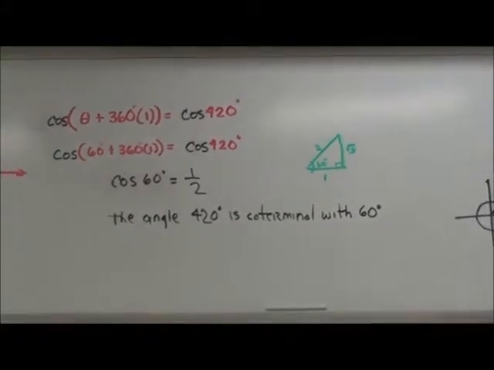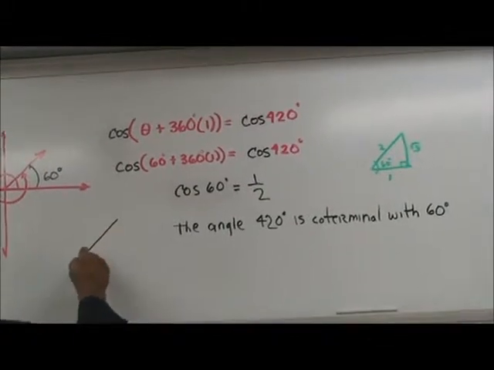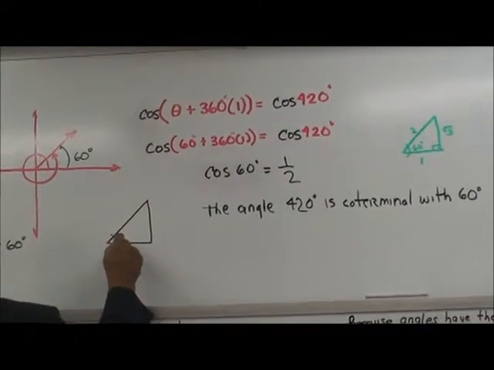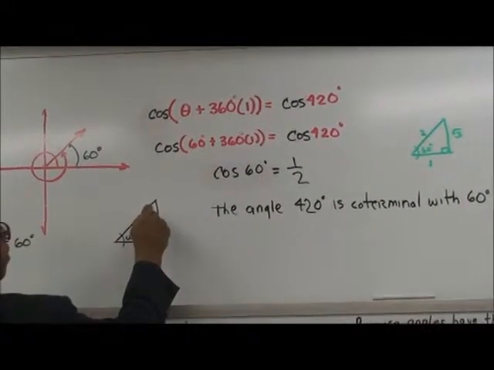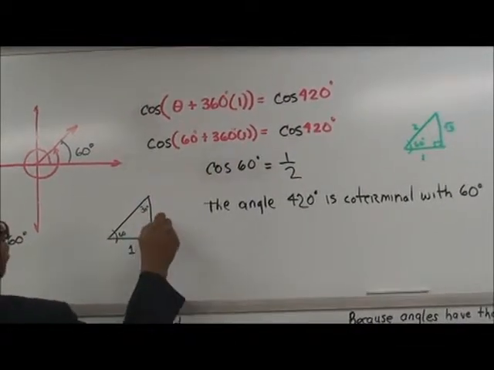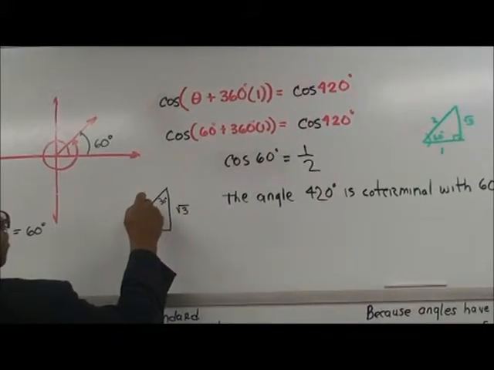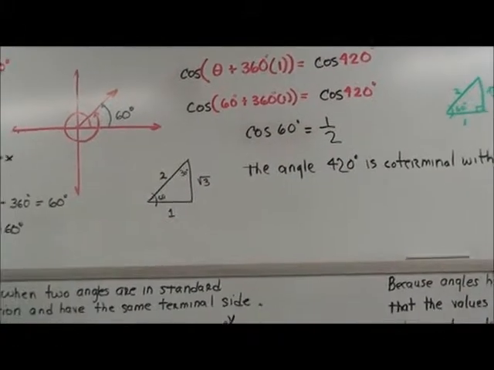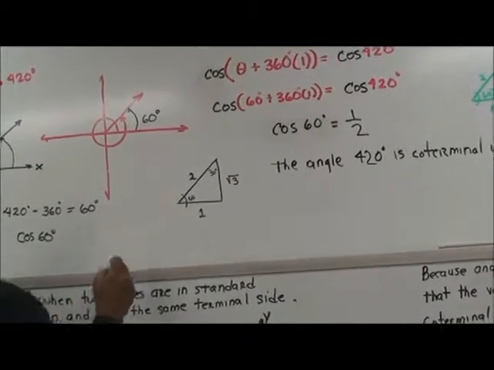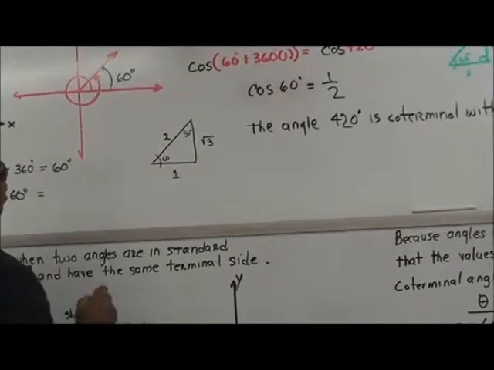So cosine 60, if you remember our 30-60 triangle, it's a special case where we have our values, and cosine is the adjacent side over the hypotenuse.